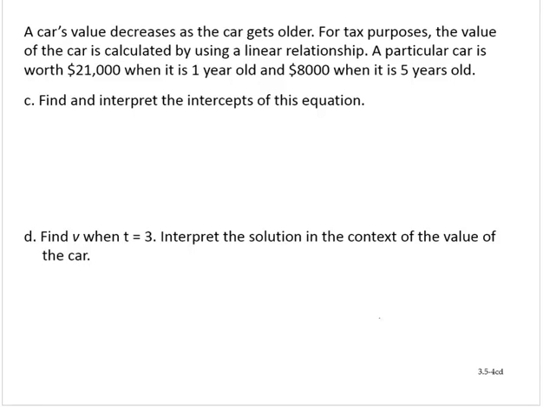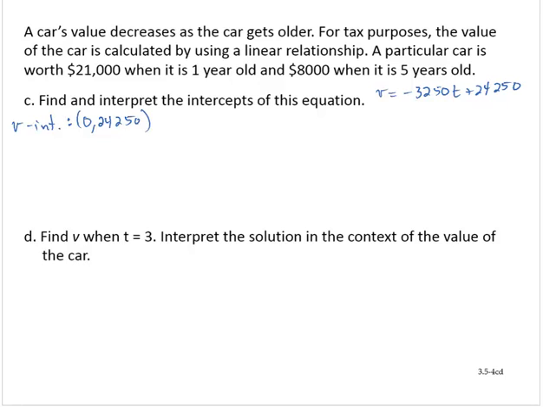Find and interpret the intercepts of the equation. All right, so the equation again was v equals negative 3,250t plus 24,250. First, let's find the v intercept. To find the v intercept, we could just read that off the equation. The v intercept is 0, 24,250.